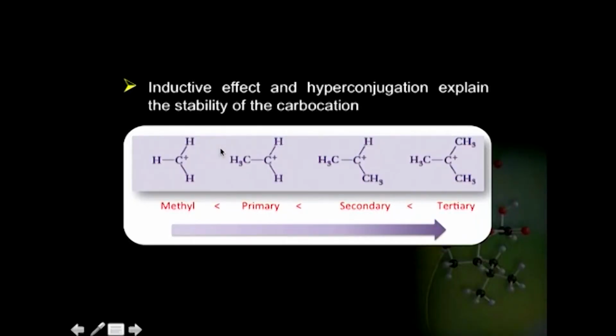So, the stability of carbocation can be shown for methyl, primary, secondary and tertiary, following the order, that methyl being the least stable, then is the primary and then is the secondary. Finally, the tertiary carbocation is the most stable one.